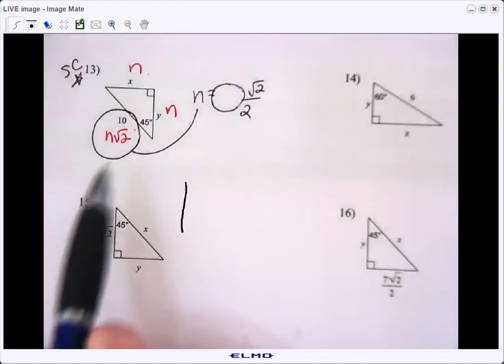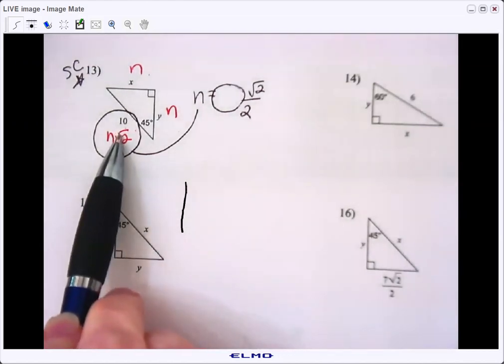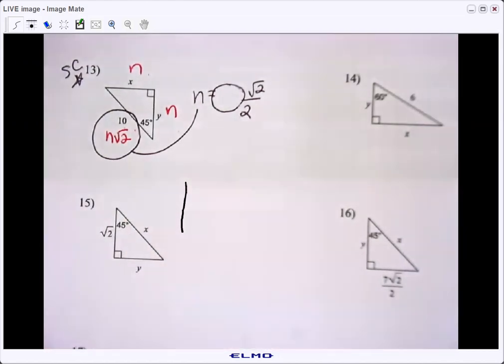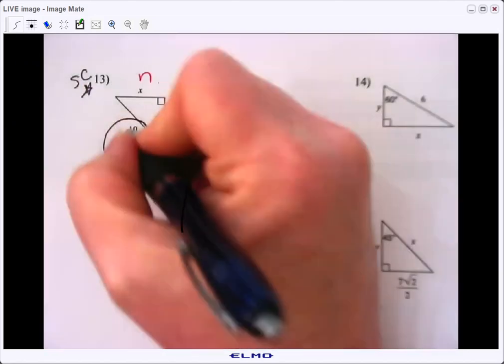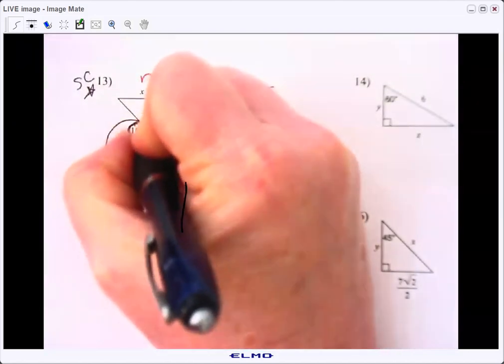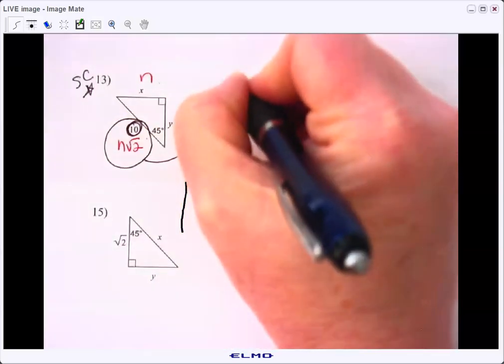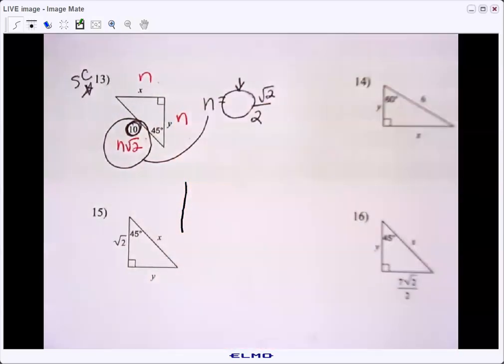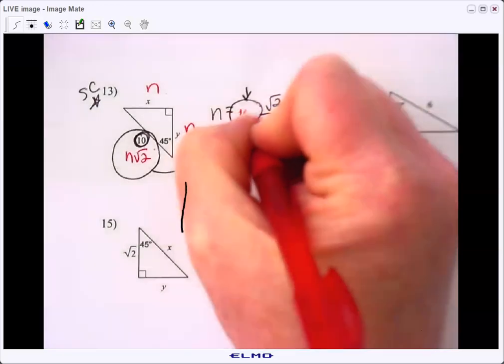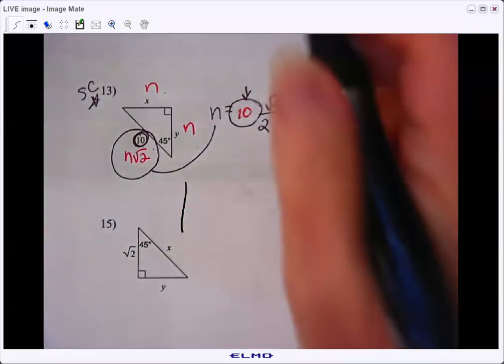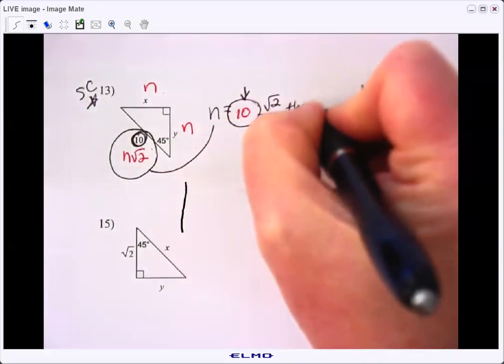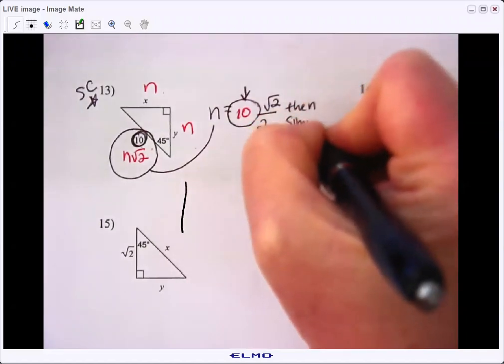What's the value of the one that should have had a root or could have a root 2 and didn't? 10. Okay, so I'm going to put this number in place right here. And that's 10. And then I simplify.